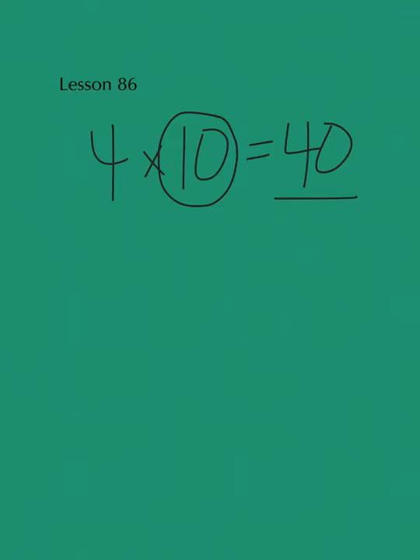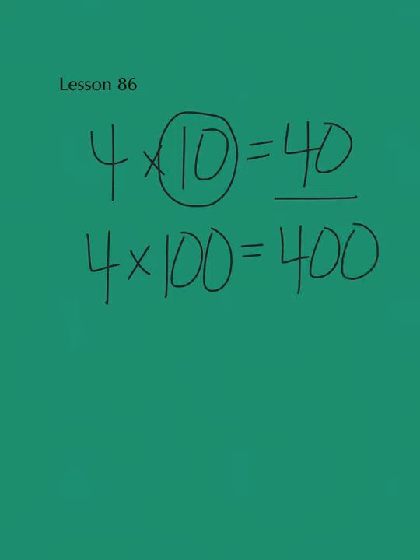Similarly, 4 times 100 equals 400. So since 4 has been multiplied by 100, 400 is a multiple of 100.